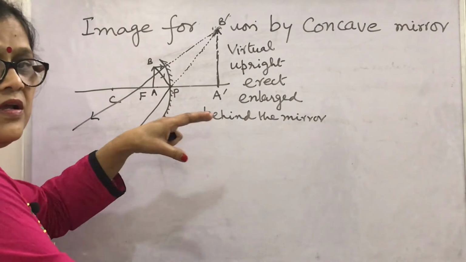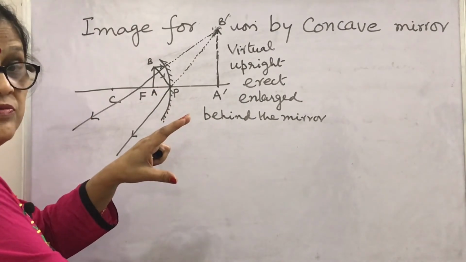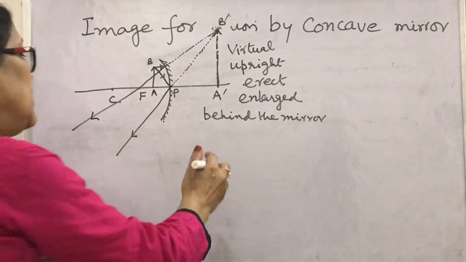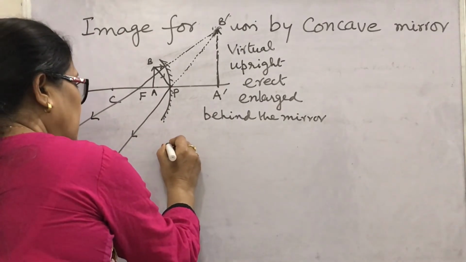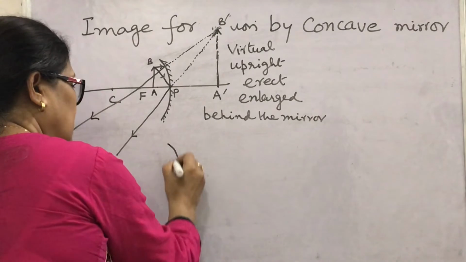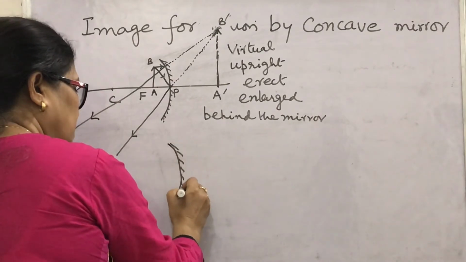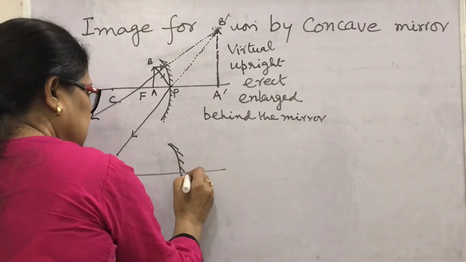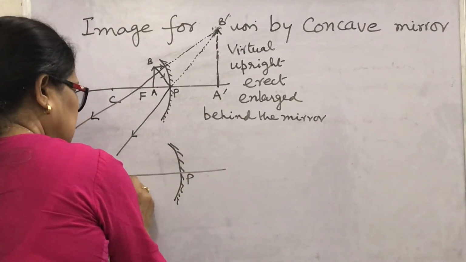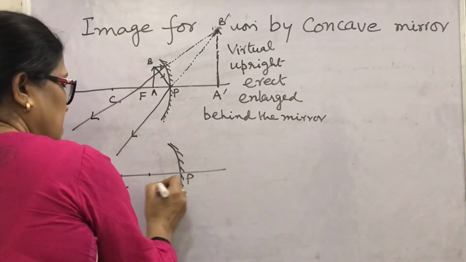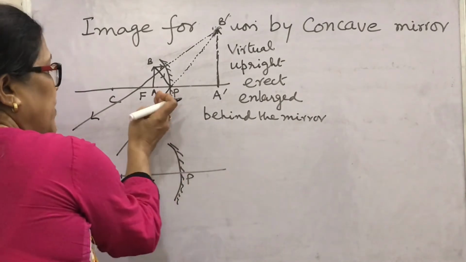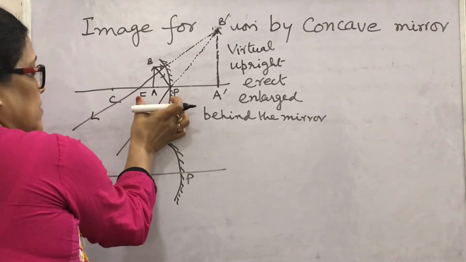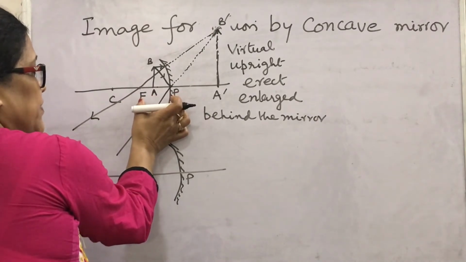Okay. Look, the second position that I am going to discuss. If you place the object, this is the concave mirror and this is again the same principal axis. This is C, this is F. Now we are bringing the object away from the position very near to the mirror, that is in between pole and focus.